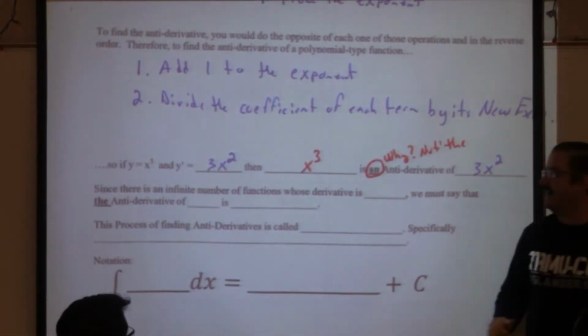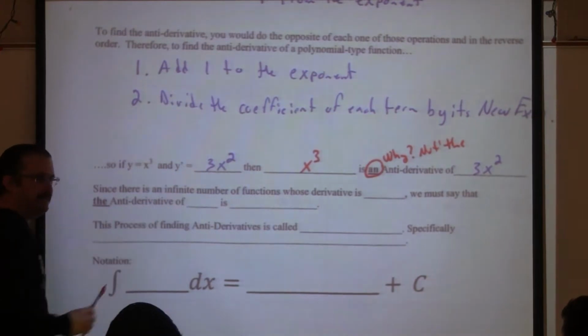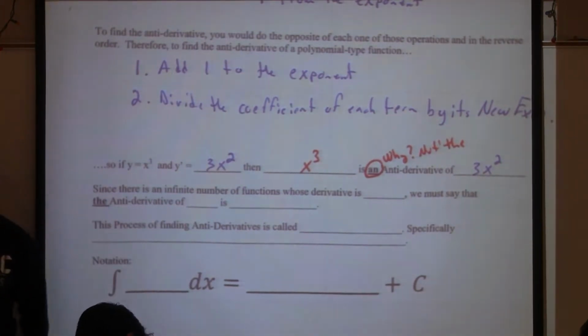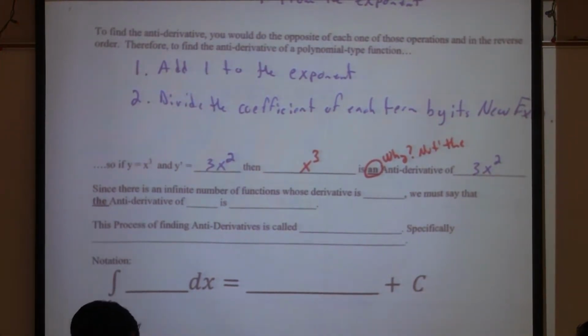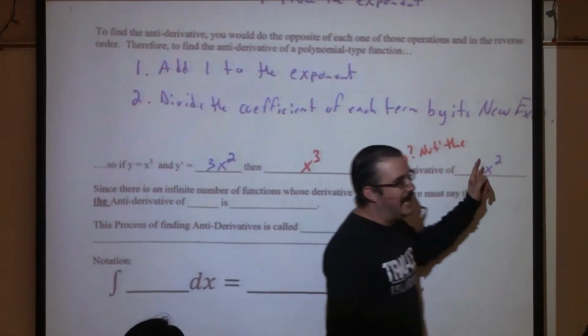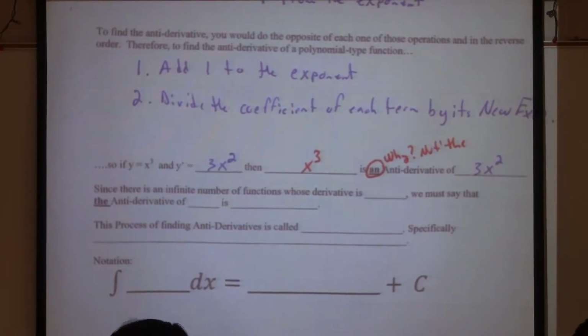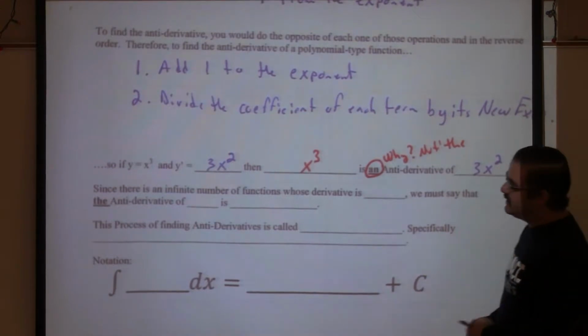Yes? What if I had x cubed plus 5? Would the derivative still be that? Yeah. What if I had x cubed plus 6? Would the derivative still be 3x squared, right? So this is just one antiderivative. There could be how many? An infinite amount, right?